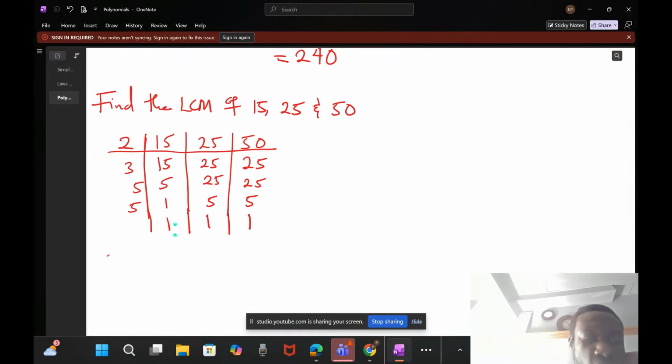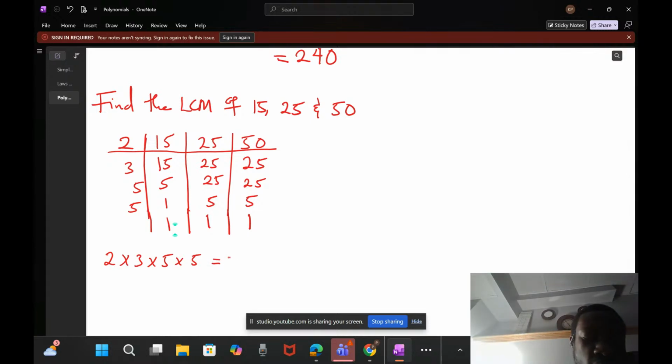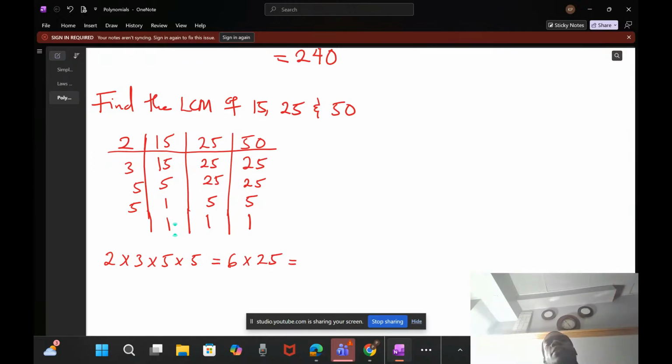So we have 2 times 3 times 5 times 5. 2 times 3 is 6. 5 times 5 is 25. So 25 times 6, I think that should give us 150 because 6 times 5 is 30. 6 times 2 is 12 plus 3. So that's 150.